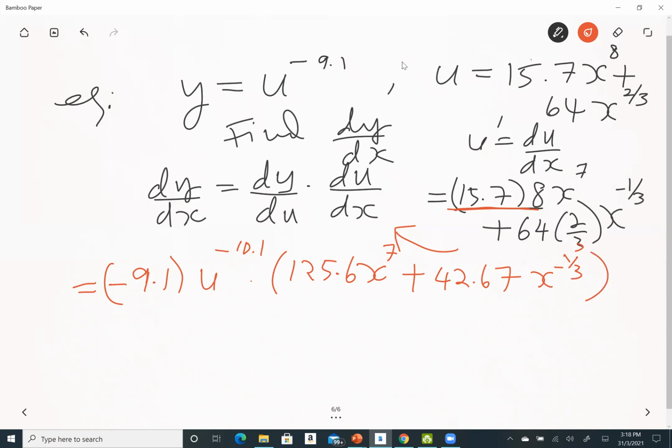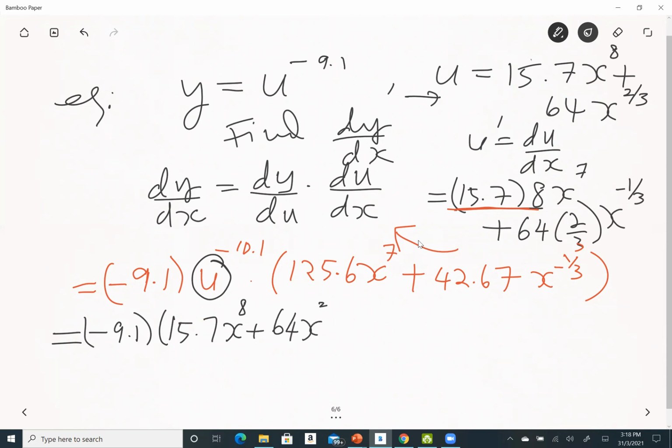So now the last step would be to put in u. That u is equal to some terms in x. So that will be equal to negative 9.1 multiplied by u, now you put in the terms in x: 15.7 x to the power of 8 plus 64 x to the power of 2 over 3, multiplied by, the power now is negative 10.1.